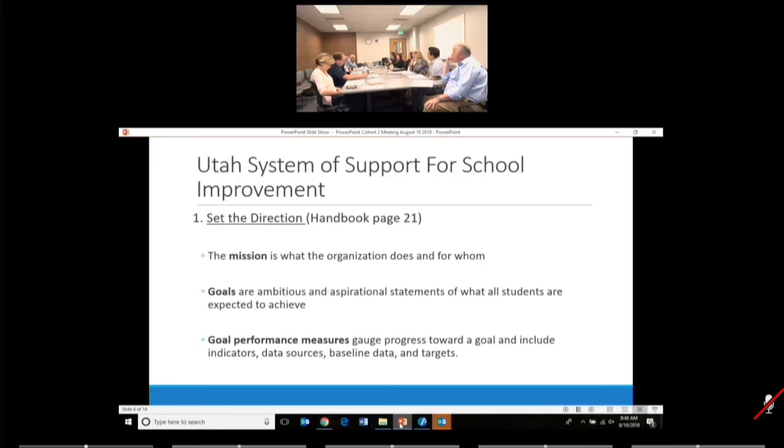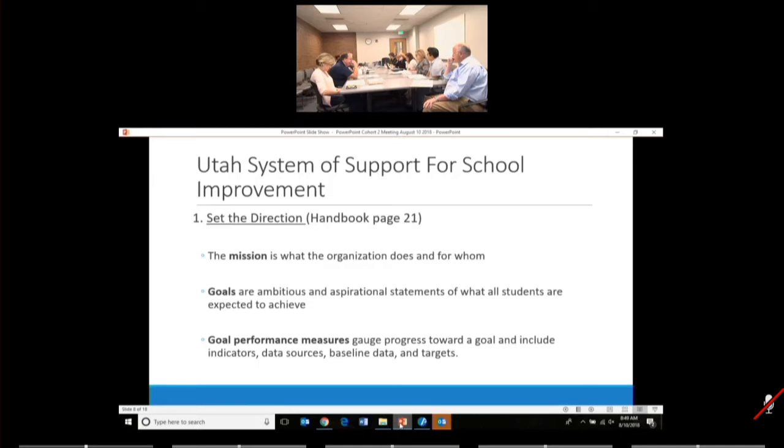Any organization needs to know where it is and where it wants to be in order to improve. The direction for a school includes, at a minimum, a mission statement, student-focused goals, and goal performance measures. Here's the brief definition, and you can see it if you look through that tab.